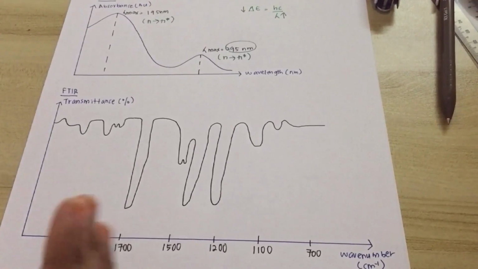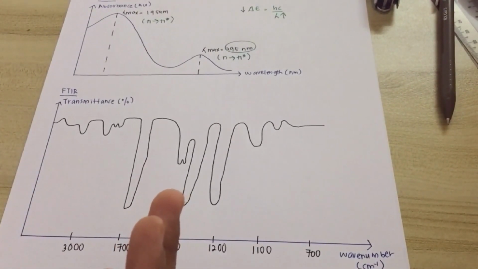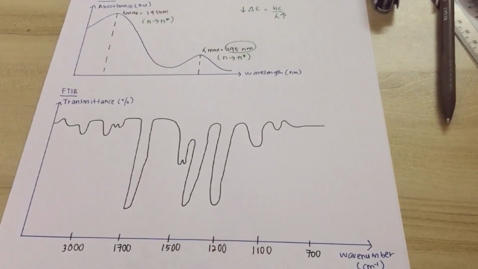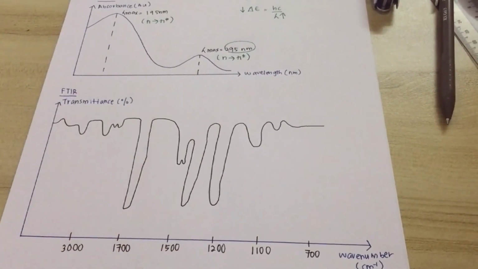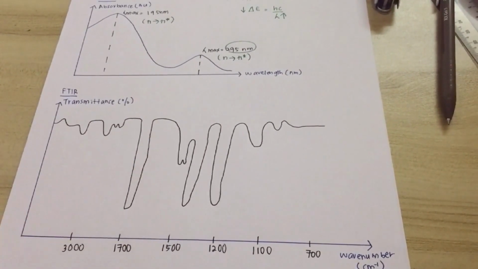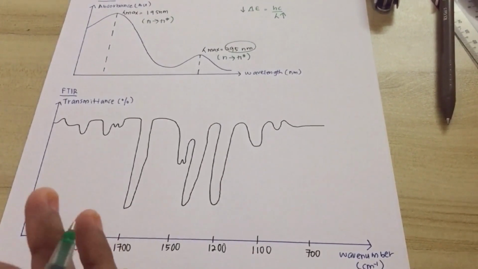For the FTIR, we need to know what kind of information the FTIR spectra give us. The FTIR spectra provide the stretching or bending, or the functional groups, that are present in our molecule.